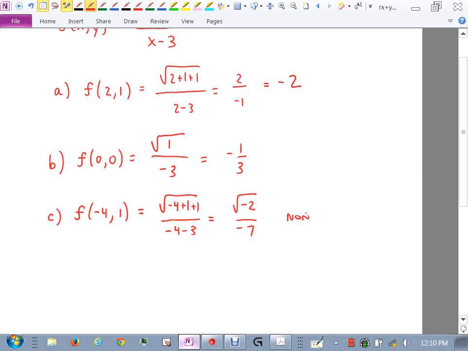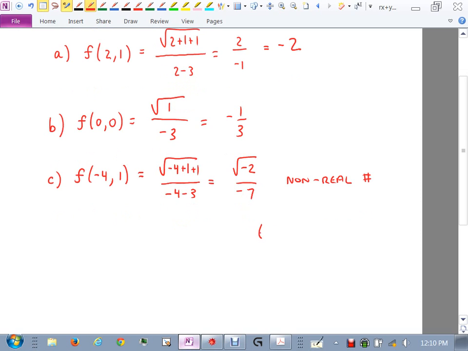So this is a non-real number, which means that, what? Can't do it, right? That means that negative 4, 1 is not in the domain. You're not allowed to plug this into the function.